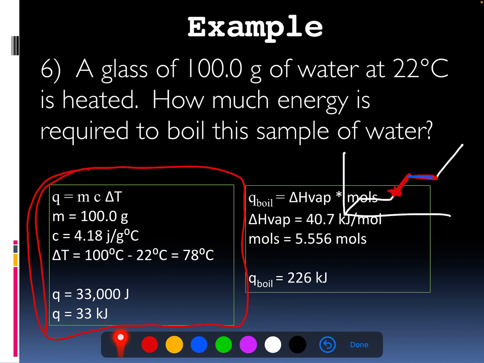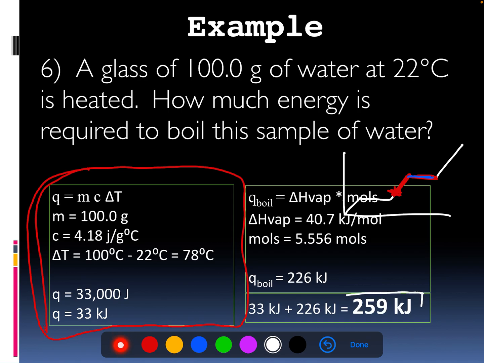And then there's how much energy it takes to boil it. I had to convert, of course, to the number of moles here. So I have grams into moles. And then I also paid attention to kilojoules. And then I add those two numbers together. So I get a total of this. This is how much energy it would take to heat the water from 22 and then boil the water.